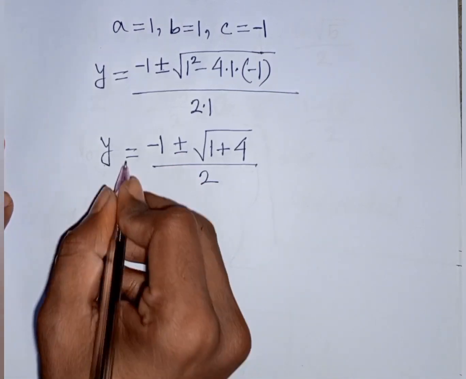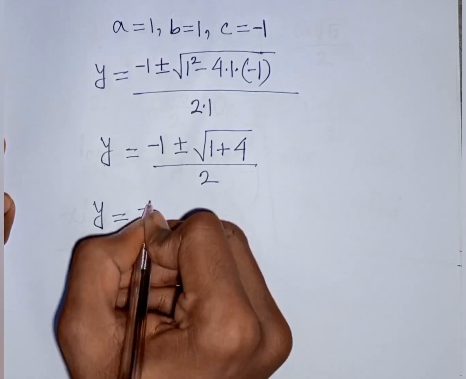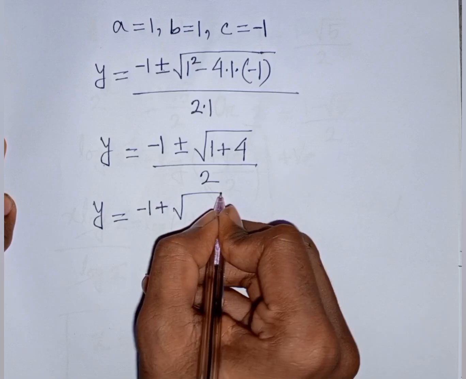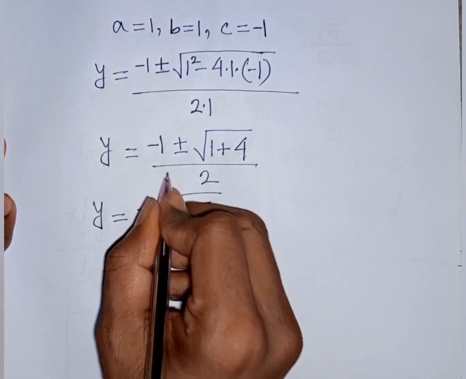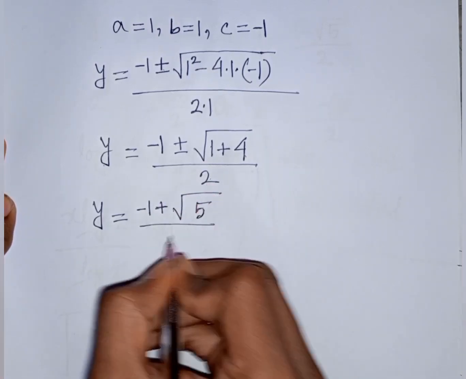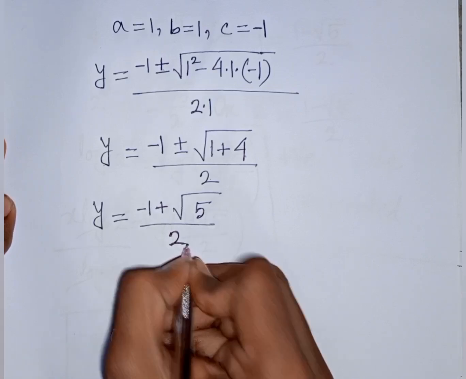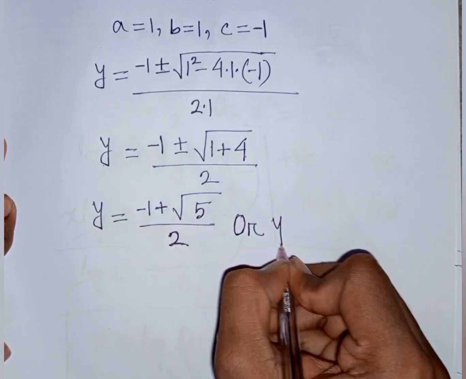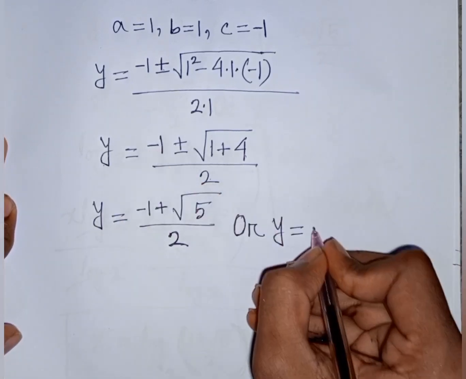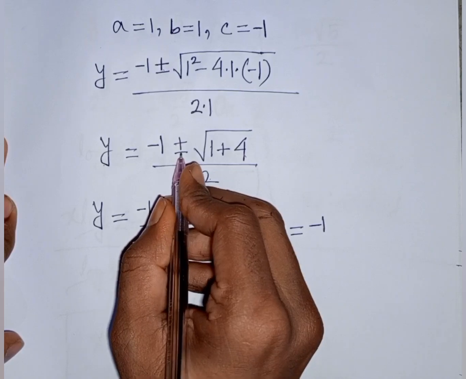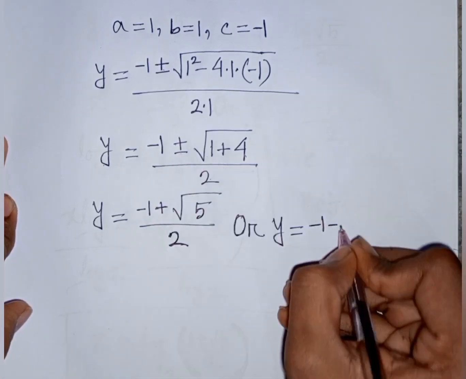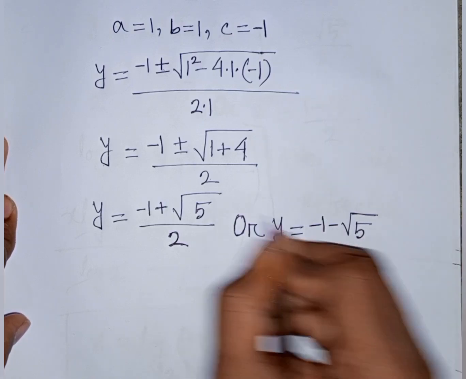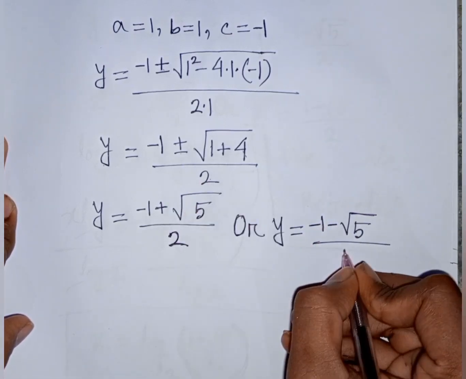So you can write y is equal to minus 1 plus a square root of 1 plus 4, that means 5, then divided by 2, or y is equal to minus 1 minus a square root of 1 plus 4, that means 5, then divided by 2.